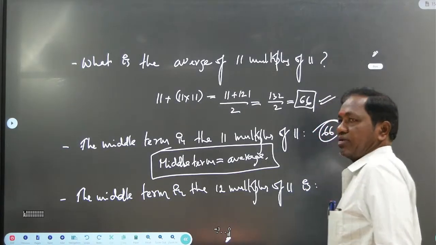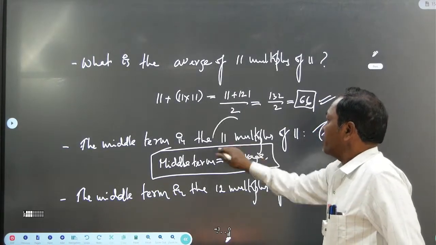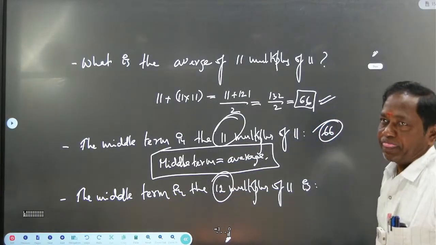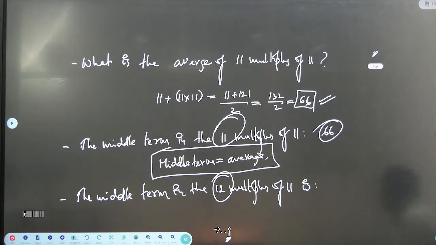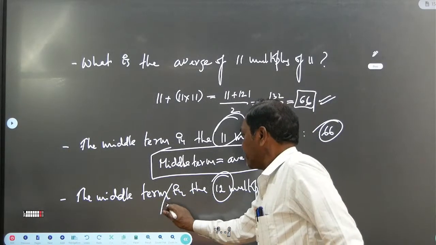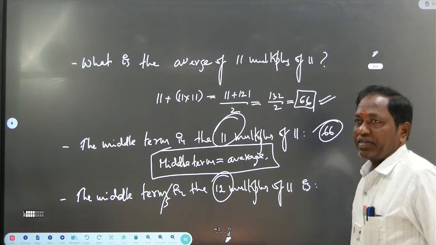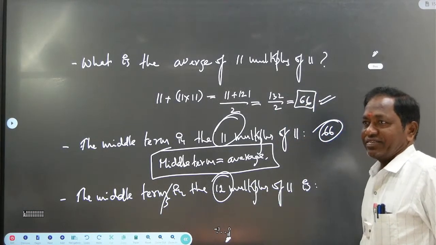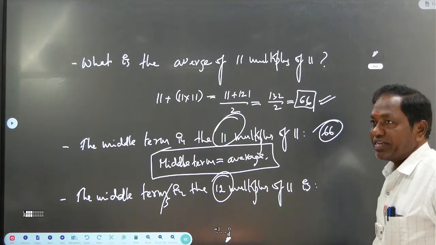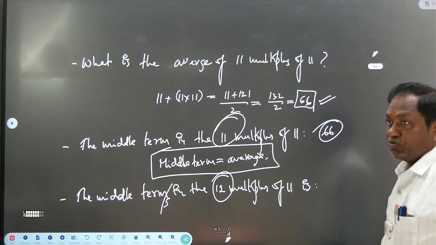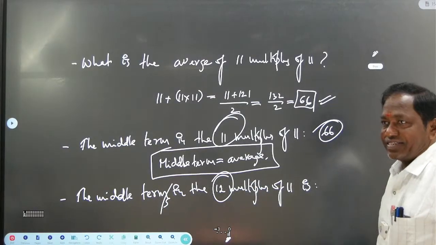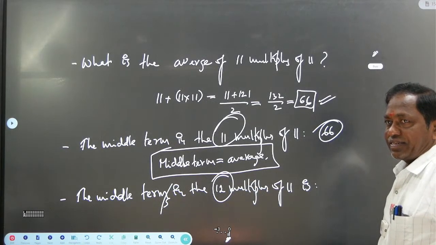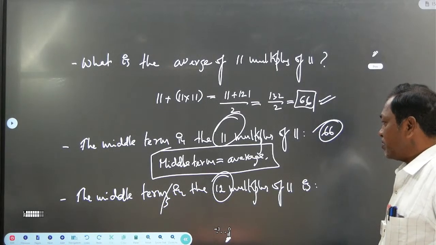Here we have taken 11 multiples, but there are 12 multiples here. The middle term will not happen here. This is an even number of observations. With an even number of observations you would not see a single middle term. Two middle numbers will come. That's why they put the plural, middle terms.